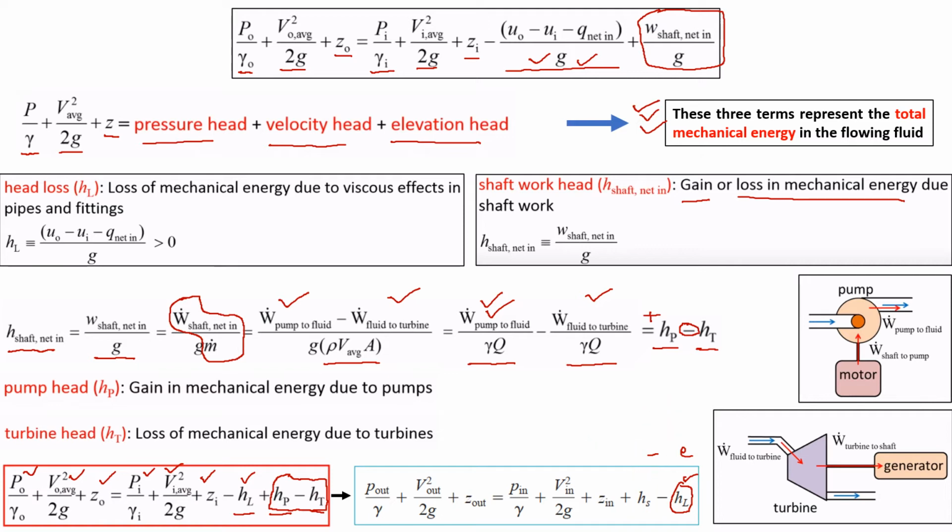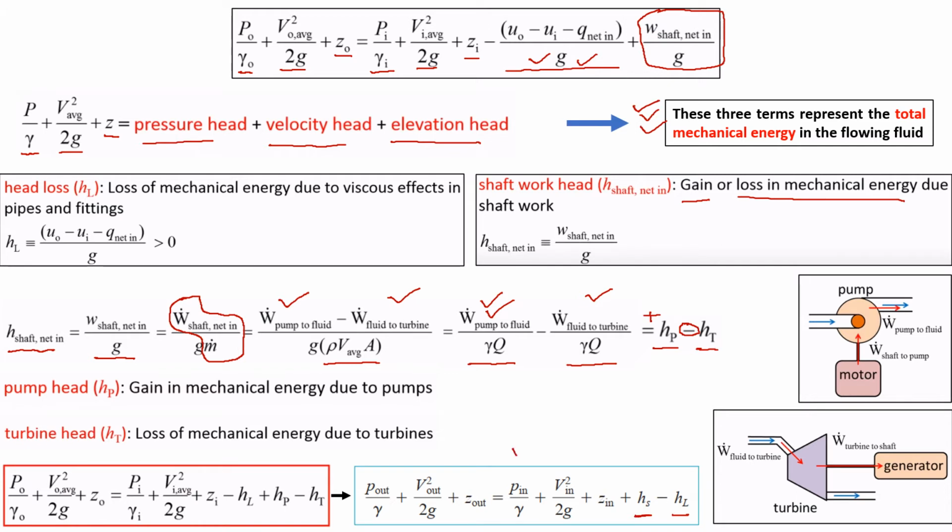We compared our energy equation with the Bernoulli equation for the purpose of defining terms that are related to our losses inside the fluid, and these are the terms we are getting. These are the head losses, and these are the gain or loss due to shaft work head, depending on whether you are working with a pump or a turbine.